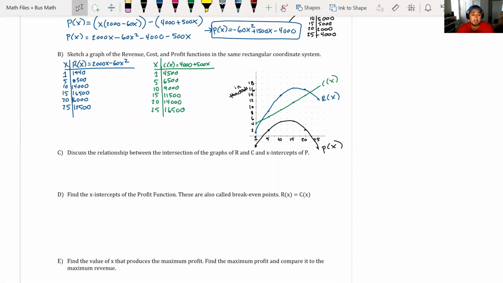C, discuss the relationship between the intersections of the graph of the revenue function and the cost function and the x-intercepts of P. Okay, cool.